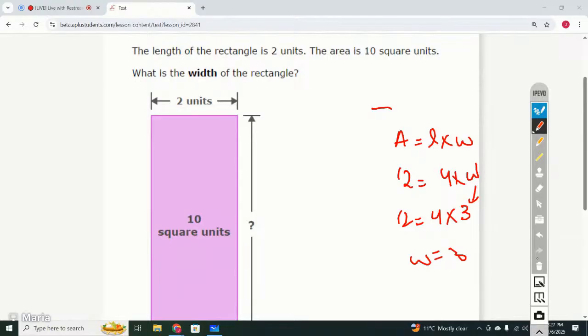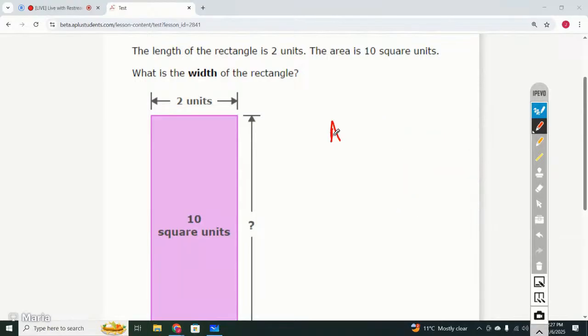So you are given the length, that is 2, width we have to find, and the area is 10. So 2 times what number is 10?